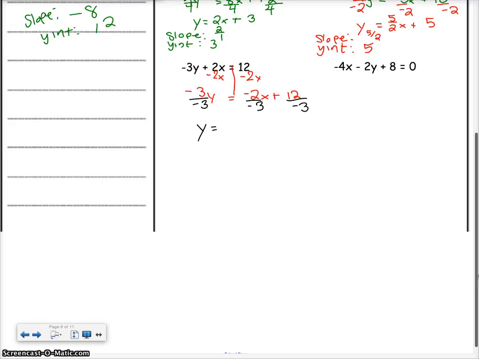Y equals, is this positive or negative 2/3? Sure is positive 2/3 x plus a negative 4. So that means I have a slope of 2 over 3, and my line crosses the y-intercept at negative 4.